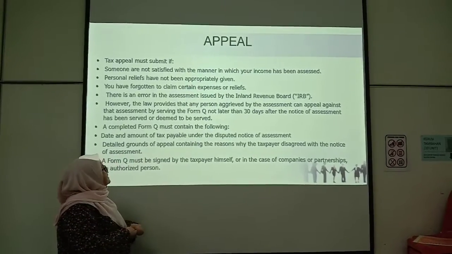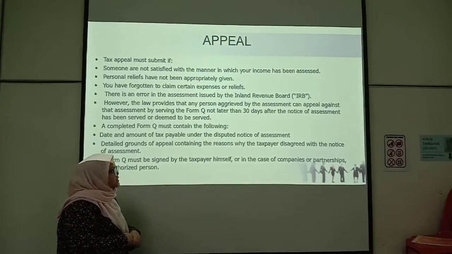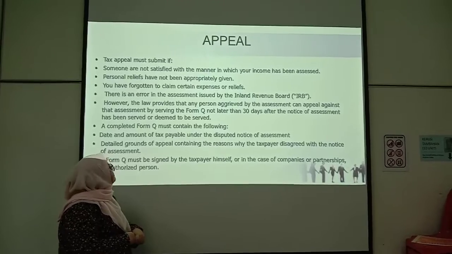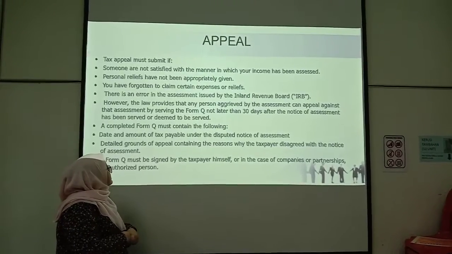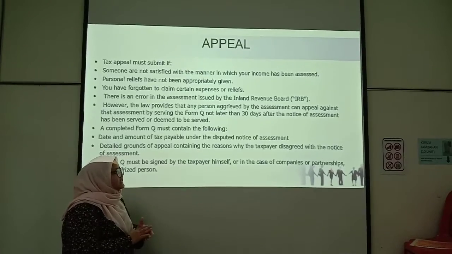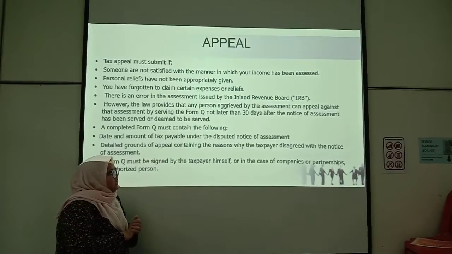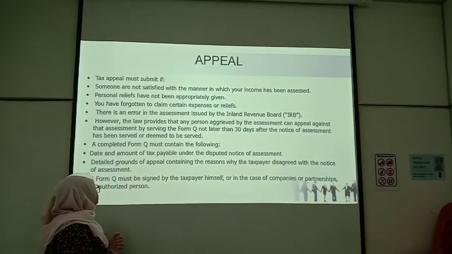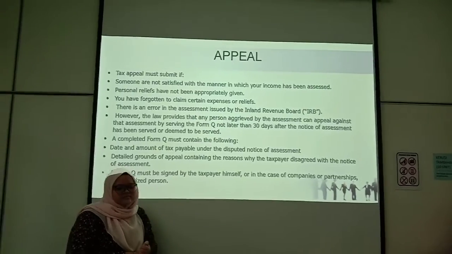Next, however, the law provides that any person aggrieved by the assessment can appeal against that assessment by serving the Form Q not later than 30 days after the notice of assessment has been served or deemed to be served.